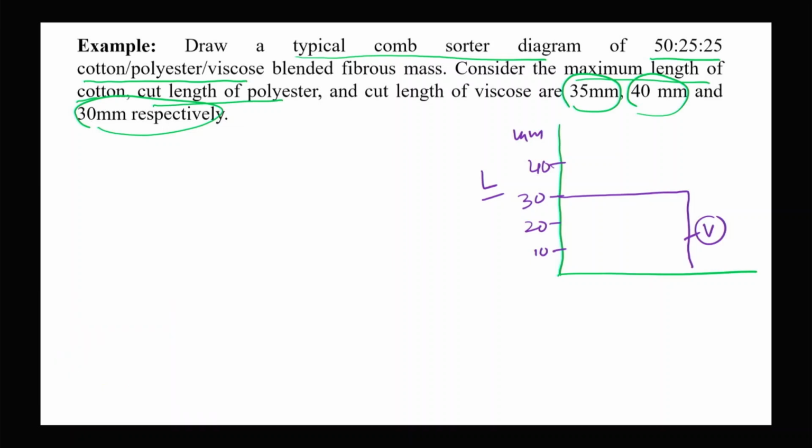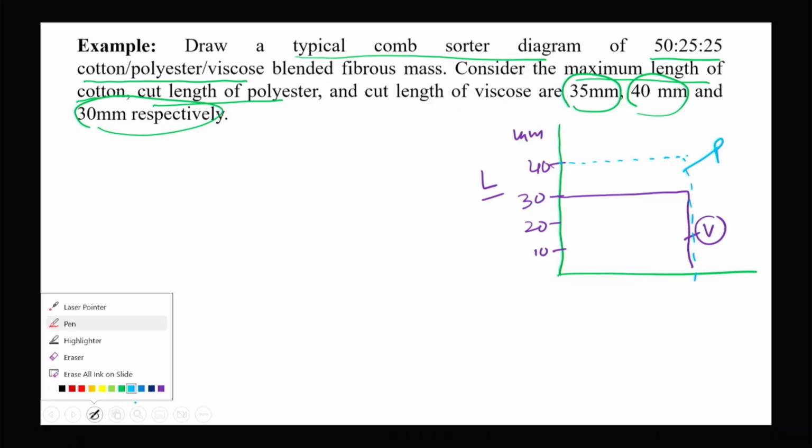Then individual polyester. Polyester is a 40 mm cut length. Now, cotton, where the maximum length of cotton is 35 mm. So, this is 35.